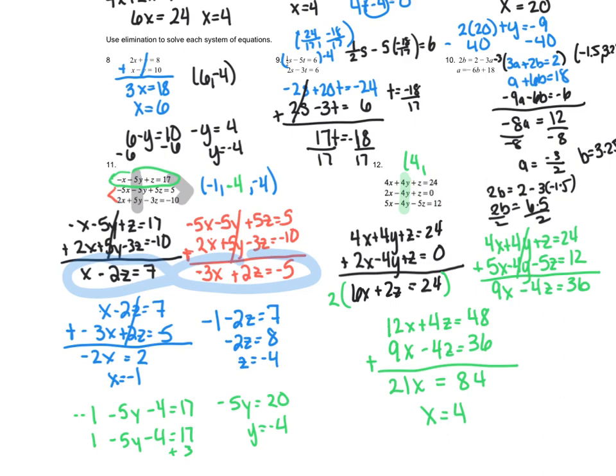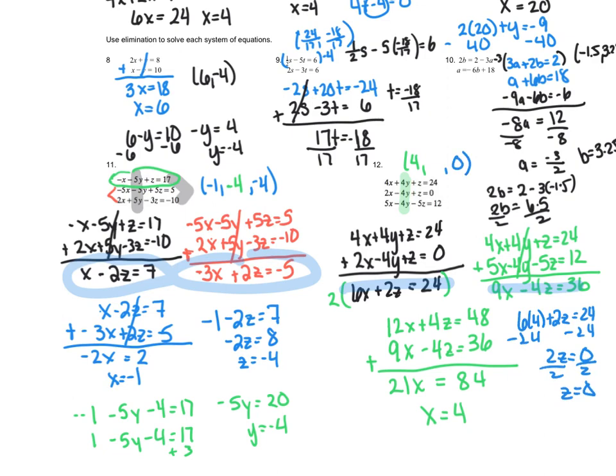So now that we have x, we're going to go over here to any of these two, and we're going to solve for z. So 6 times 4 plus 2z equals 24, minus 24, 2z equals 0, z equals 0.